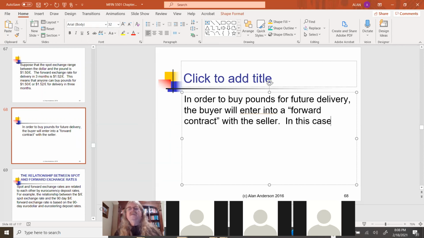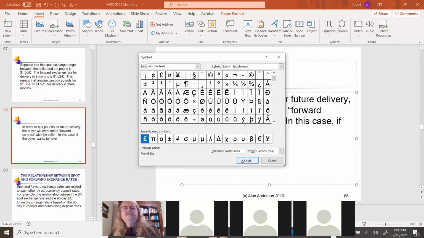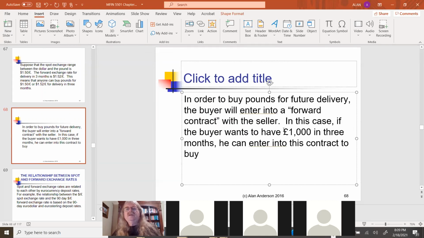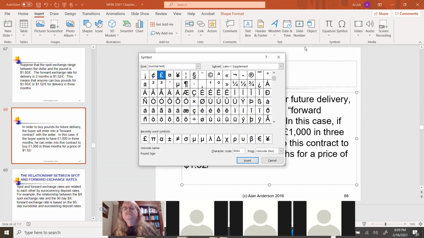So in this case, if the buyer wants to have 1,000 pounds in 3 months, he can enter into this contract to buy 1,000 pounds in 3 months for a price of, okay, and so here you just literally multiply the exchange rate, $1.52 per pound, times 1,000 pounds.